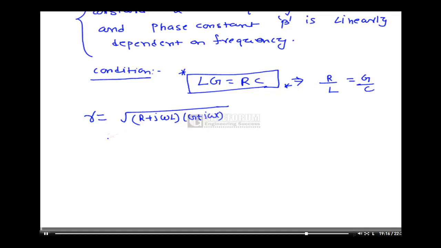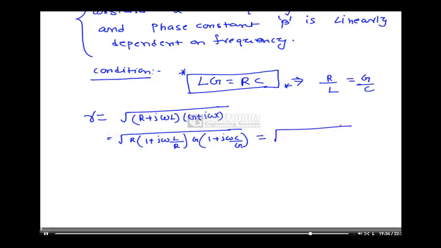So this becomes the square root of RG into (1 plus j omega L by R) into (1 plus j omega C by G).